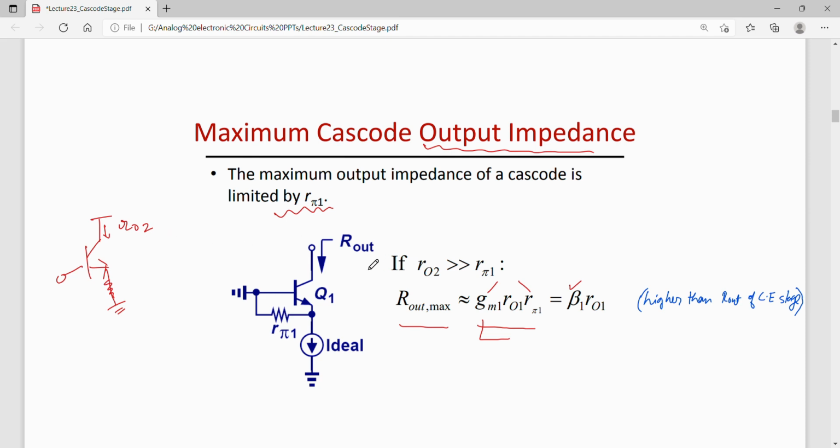But the output impedance of the cascode stage is beta 1 RO1. So you're multiplying this beta with RO here. That means the output impedance of the cascode is much higher than that of the common emitter stage. The output impedance of the common emitter stage is only RO, and here it is beta RO.